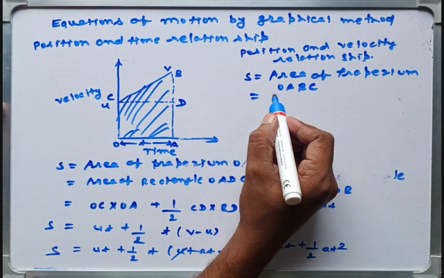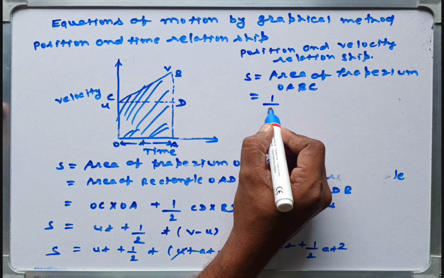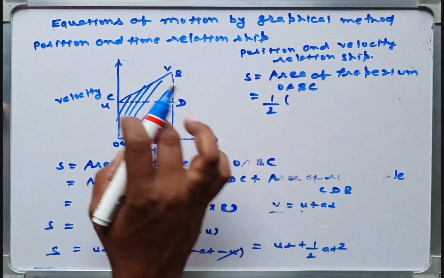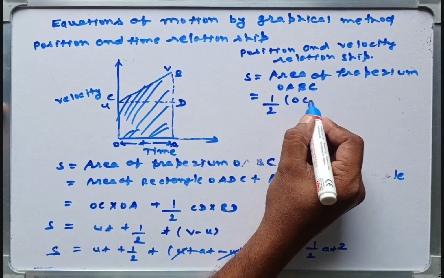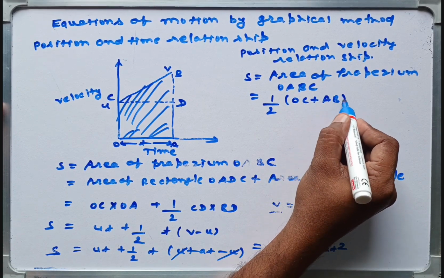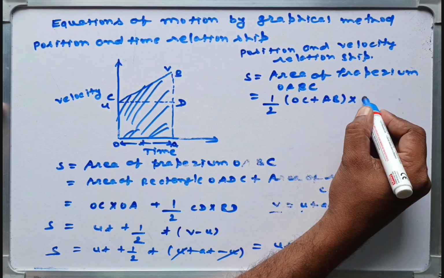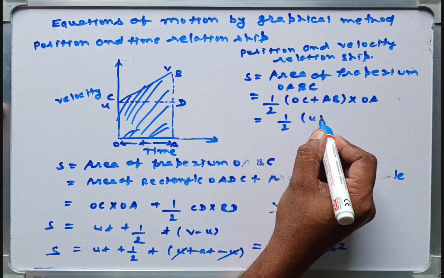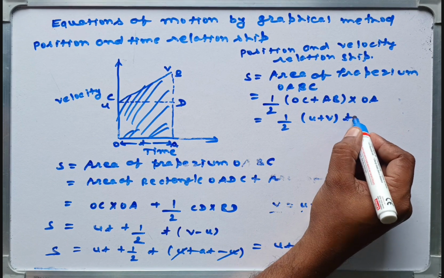You know the area of a trapezium equals 1 by 2 into the sum of the lengths of the parallel sides, here OC plus AB, into the height, which is OA. So you can further write 1 by 2 into u plus v into t, since OA equals t.